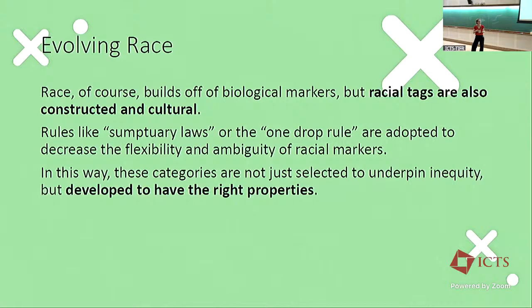And that was a way to classify those mixed-race children as part of the stable underclass, right? So they're racially ambiguous. You develop a racial rule that puts them into the category Black and keeps them there. So in this way, we have these categories that weren't just picked out, but then were developed so that they are inflexible and so that they're more observable.